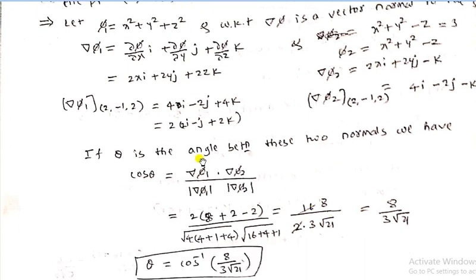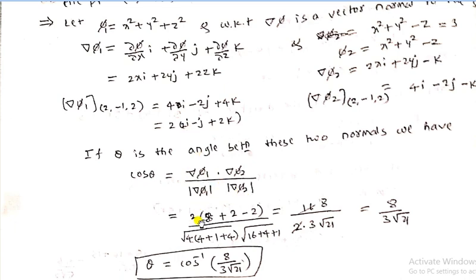Then we use the formula of angle between the two surfaces: cos theta equal to del phi 1 dot del phi 2 whole divided by mod of del phi 1 into mod of del phi 2.